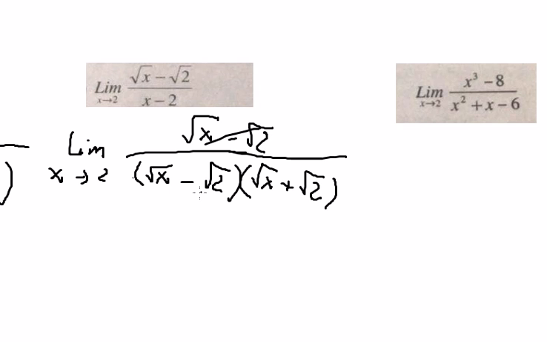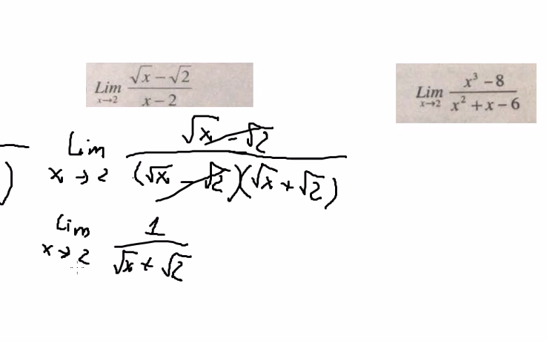So the numerator simplifies with the denominator. So we get 1 over the square root of s plus the square root of number 2. So we put number 2 in here. And this is the final answer.